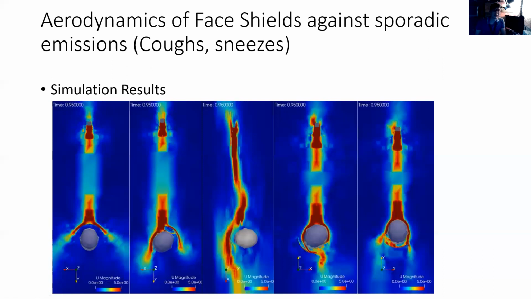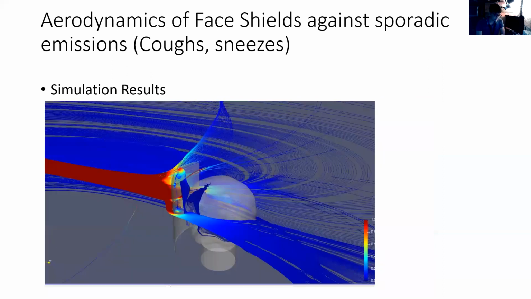The people wearing them are not only exposed to frontal emissions, but also to the mentioned angles of attack, which in turn increases the risk of infection. If we look at the streamlines, you can see the vortex rings, which carry some of the smaller aerosols. There's a vortex ring here, and here.